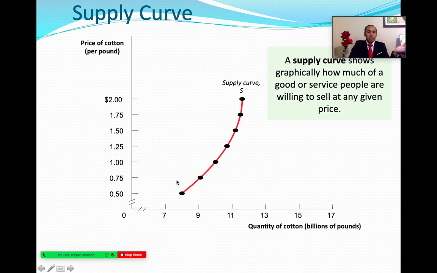And what we see here is that as the price increases for any good, people are willing to sell either low quantities or high quantities.